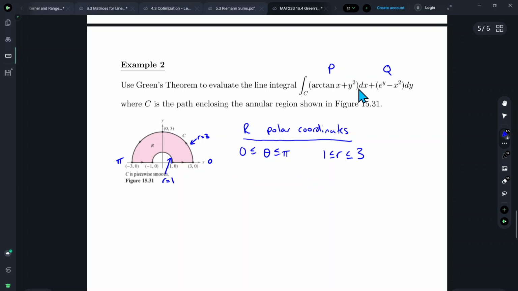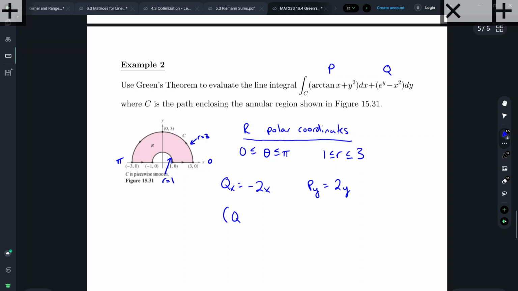Okay, so now, just like the previous example, we have to calculate some partial derivatives. The partial of Q with respect to x: you think of y as a constant, so this goes away, and we just get minus 2x. And then the partial of P with respect to y: we're thinking of x as constant, so this term goes away, and this is just equal to 2y.